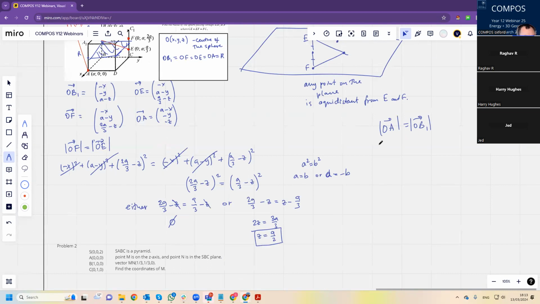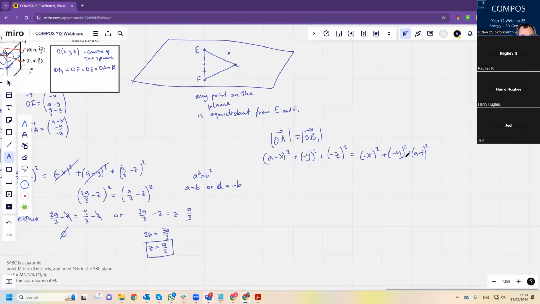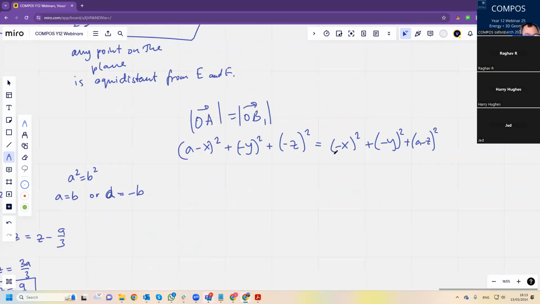So that's OA, which is a minus x squared plus minus y squared plus minus z squared, equals minus x squared plus minus y squared plus a minus z squared.